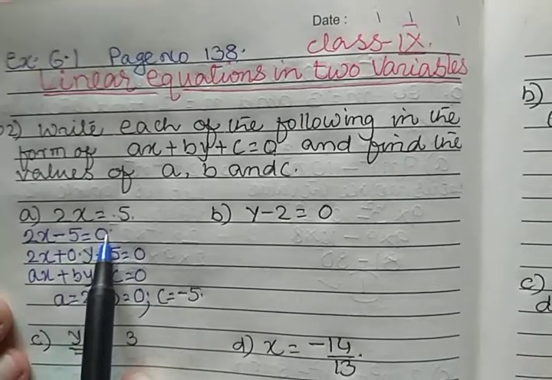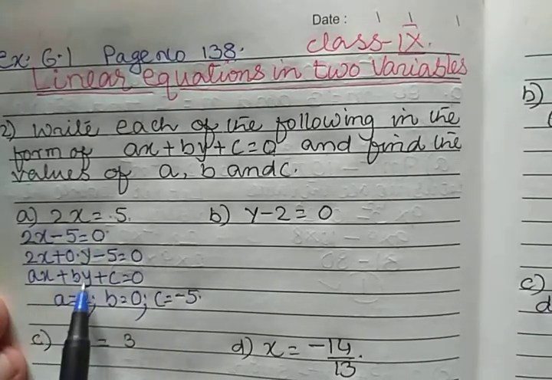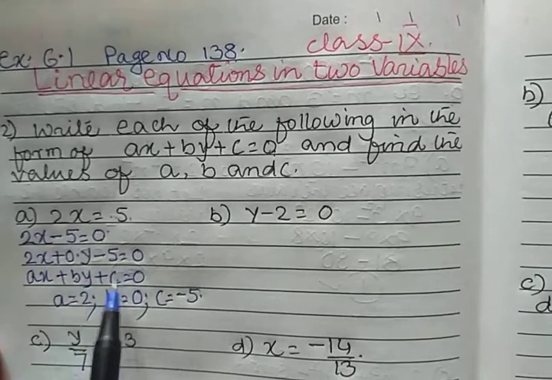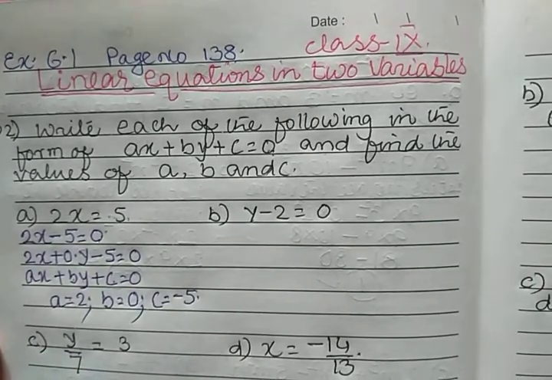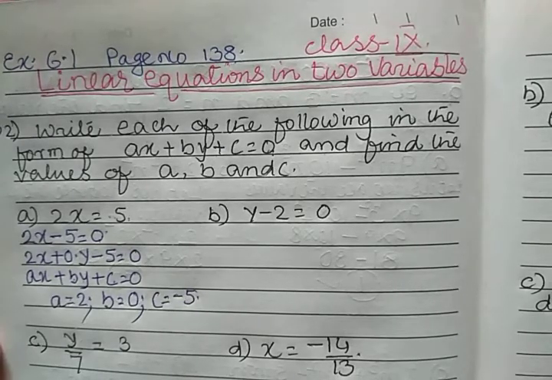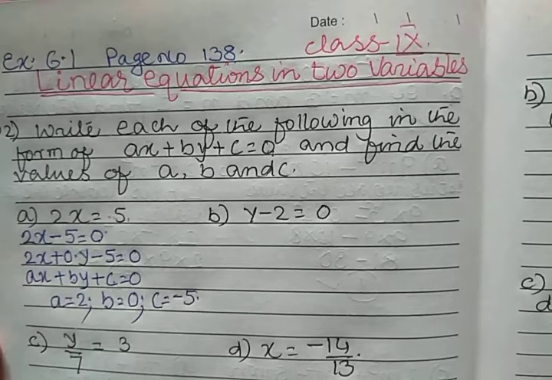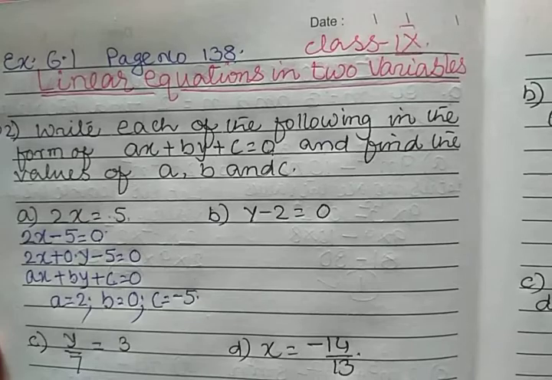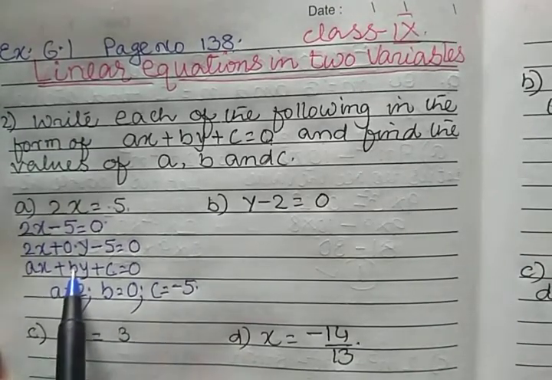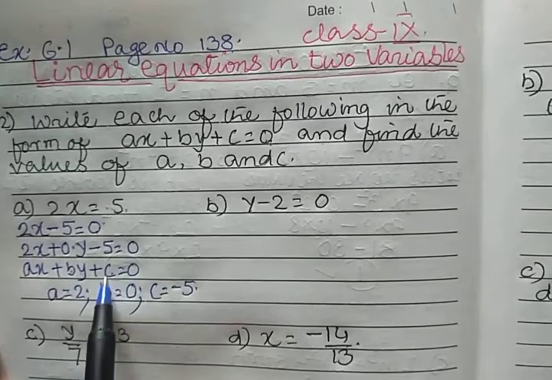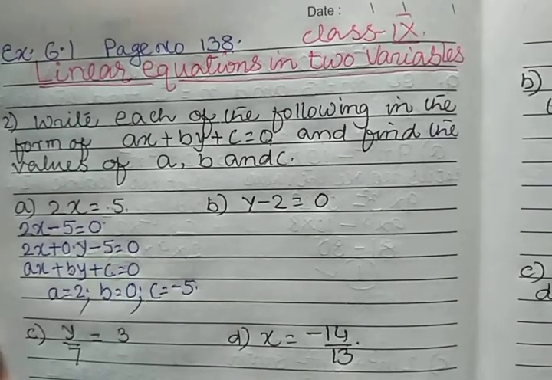When you compare this with ax plus by plus c, you find the by term is missing. So you can write 0y. So when you compare, you get a is equal to 2, b is equal to 0 and c is equal to minus 5.